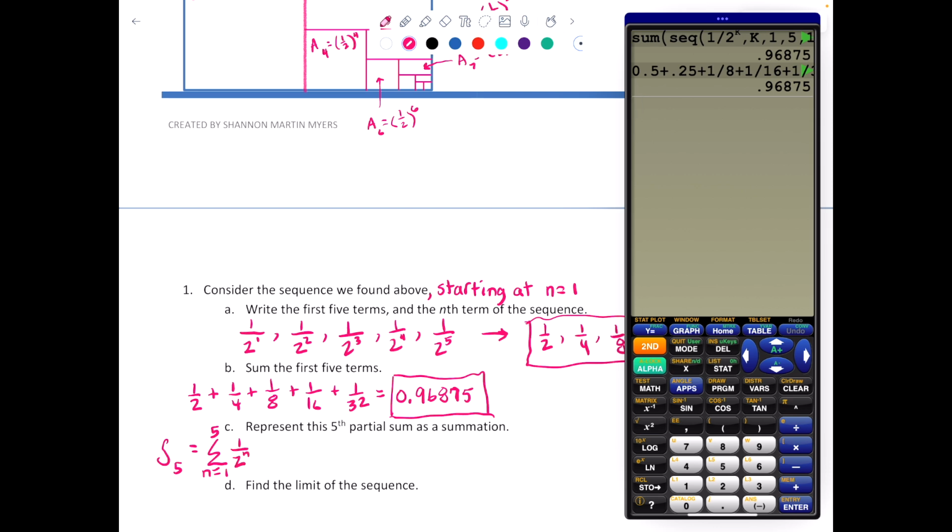Cool, cool? And that was equal to what we got above.